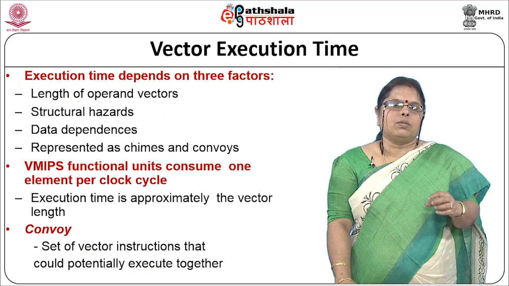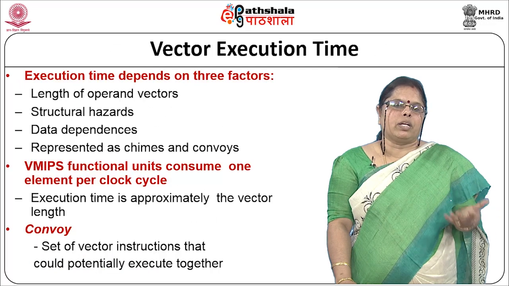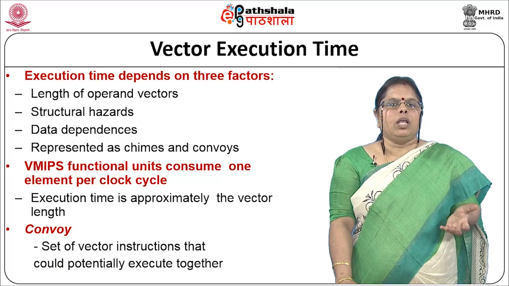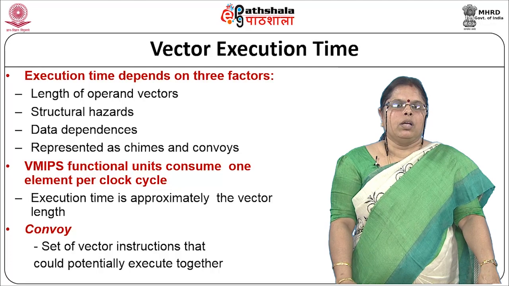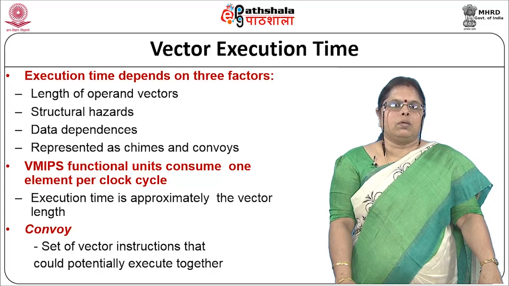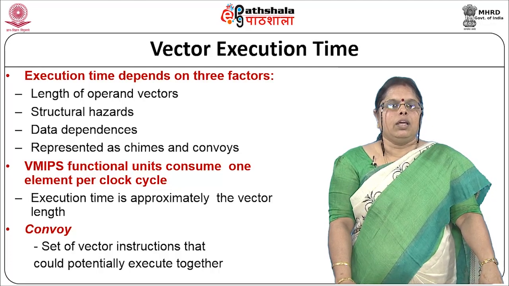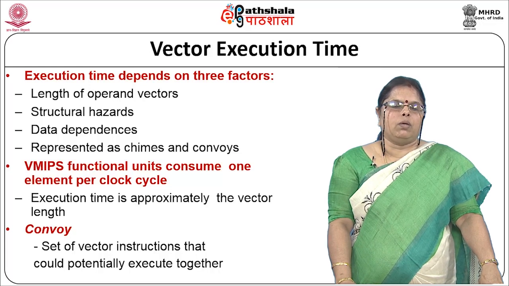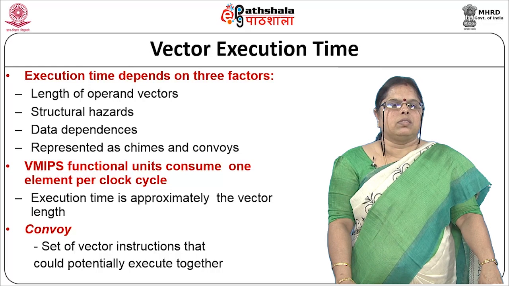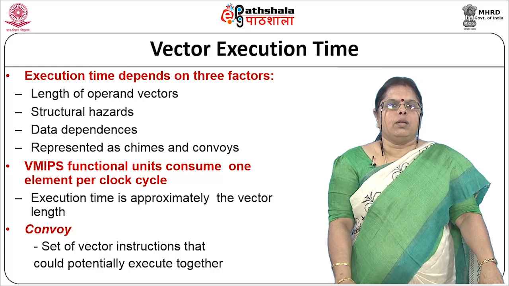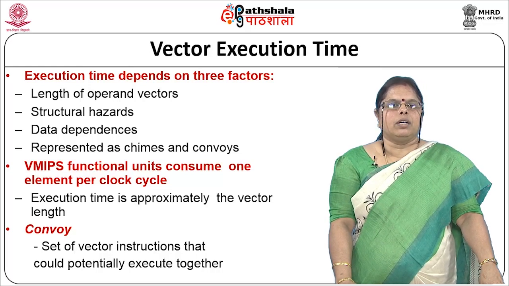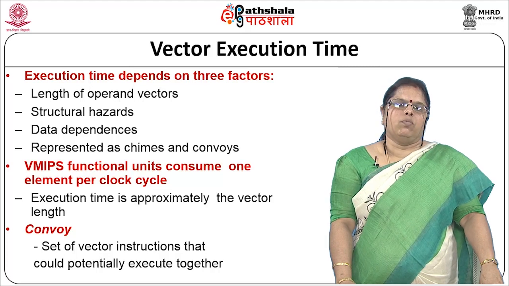Having discussed the basics of how a vector architecture looks, we will get into the vector execution time. Vector execution time basically depends on 3 factors: the length of the operand vectors, whether there are any structural hazards, and whether there are any data dependencies. The execution time is normally defined in terms of chimes and convoys.